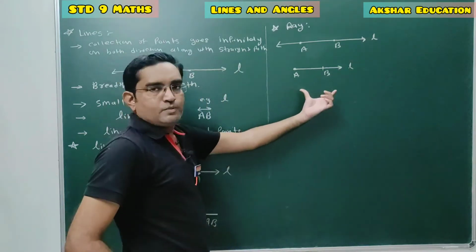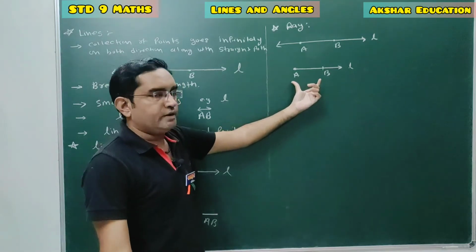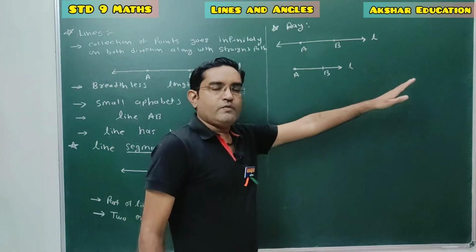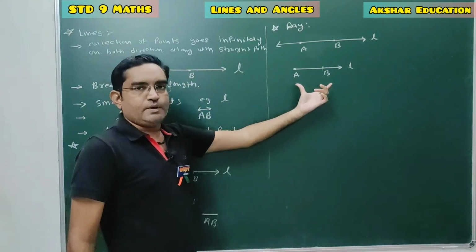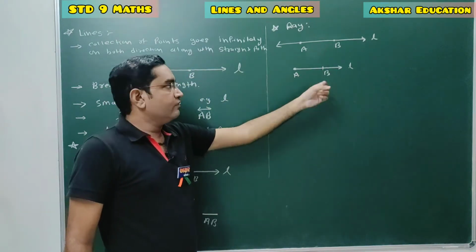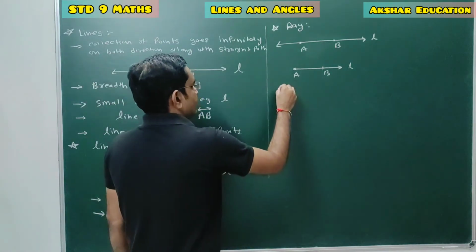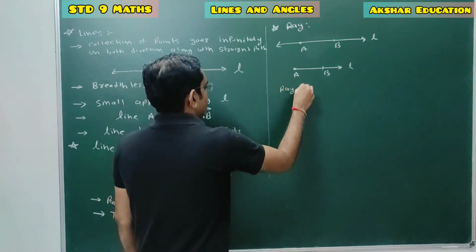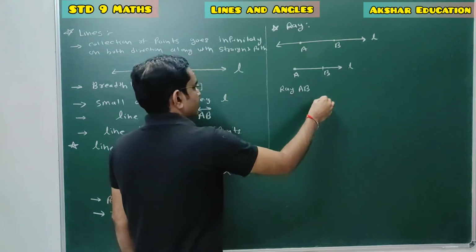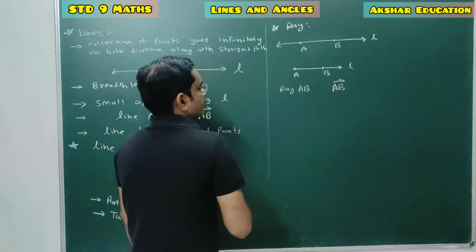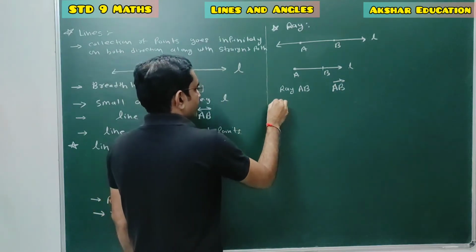Done. So this is the part of the line with one endpoint. That means the other part of the line goes up to infinite. So that part of the line with one endpoint is called a ray. It is represented by ray AB, and previously the symbol used was different. So in this ray only one endpoint is there.